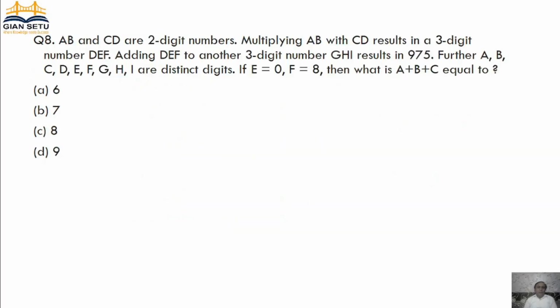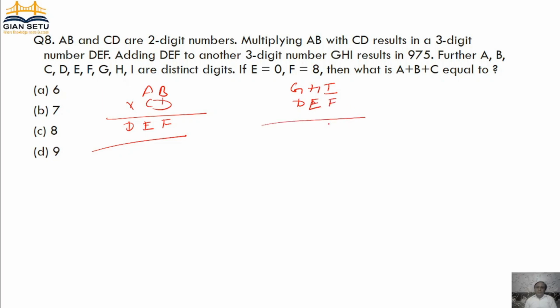If AB and CD are 2-digit numbers, multiplying AB with CD results in a 3-digit number DEF, and adding DEF to another number GHI, DEF, then the result is 975.